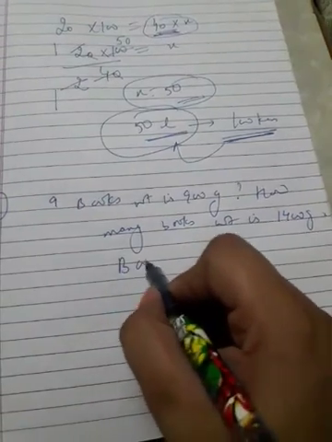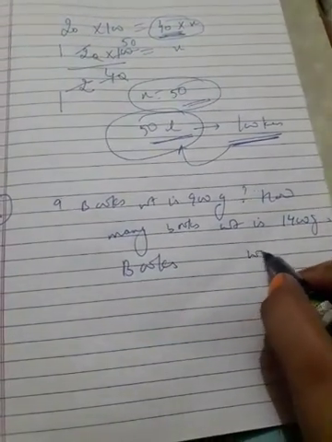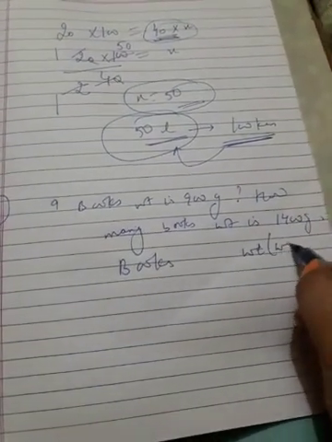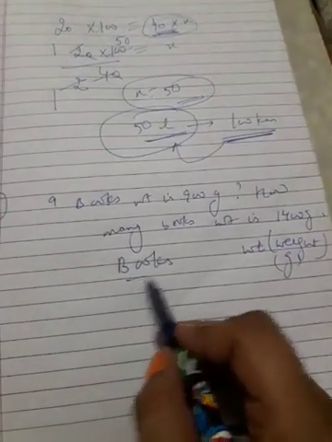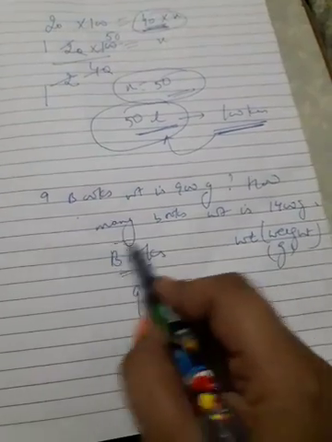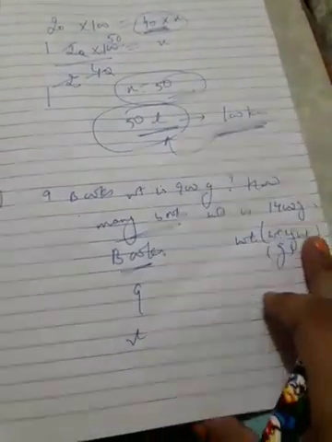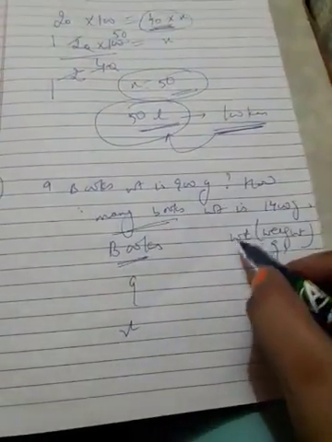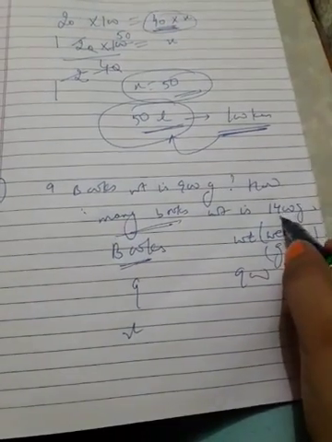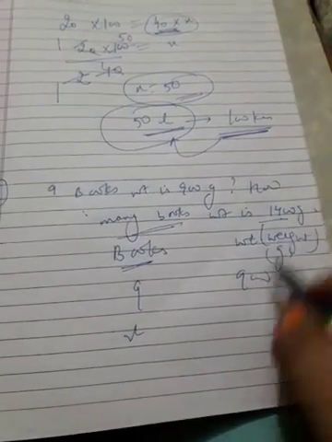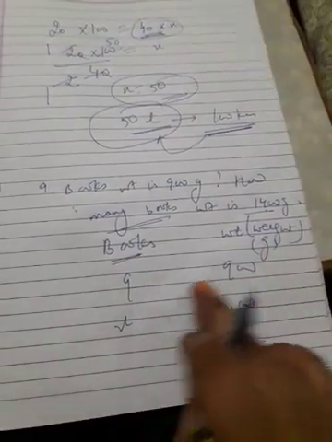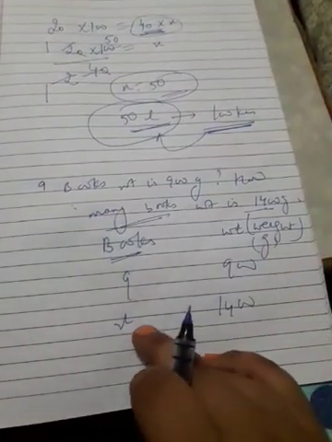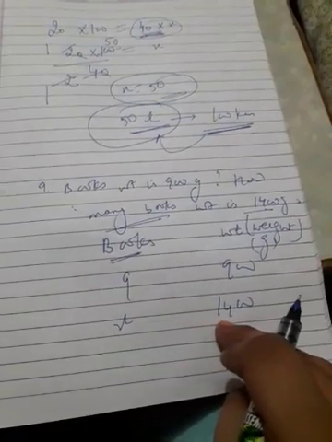One side write books, one side write weight in grams. Number of books 9. How many books we have to find, let it be x. If 9 books weigh 900 and weight is increased to 1400, then more than 9 books are there now.